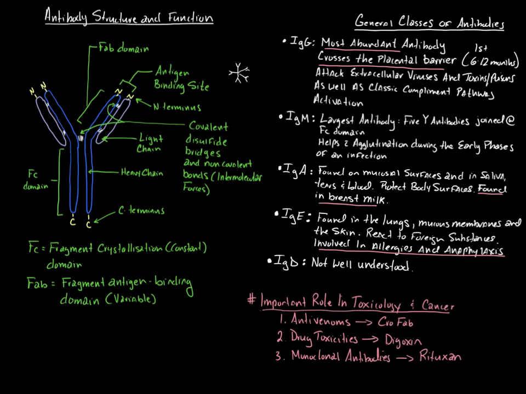This is very important in protecting those surfaces. And an important part of IgA is that it is found in breast milk, and there is some evidence that suggests that breastfeeding may also provide some degree of immunity to the newborn through the IgA antibodies that the infant receives. There's a lot of discussion about how important this is, and I won't be able to dive into that in any detail in this course.